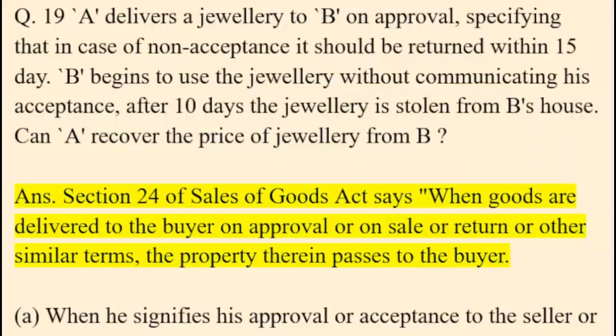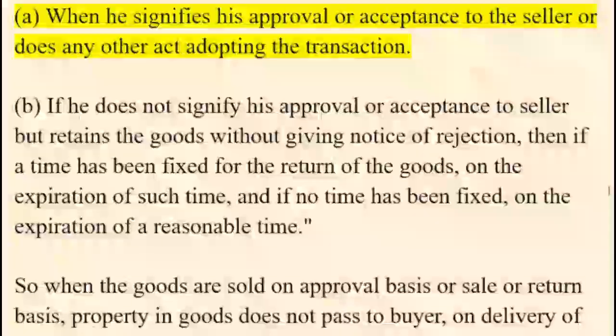Ans. Section 24 of the Sale of Goods Act says, when goods are delivered to the buyer on approval or on sale or return or other similar terms, the property therein passes to the buyer. A. When he signifies his approval or acceptance to the seller or does any other act adopting the transaction.